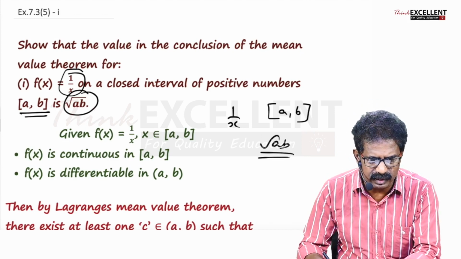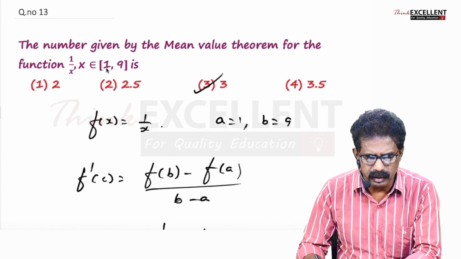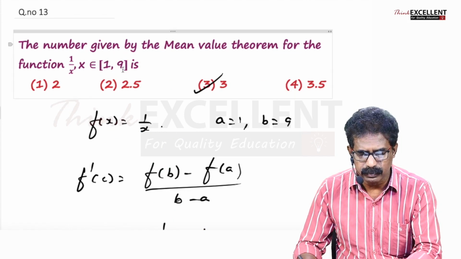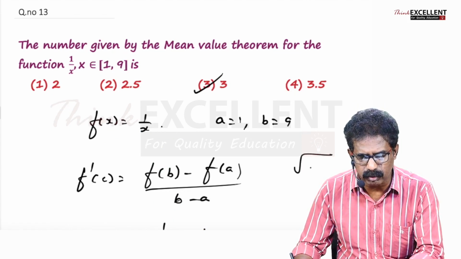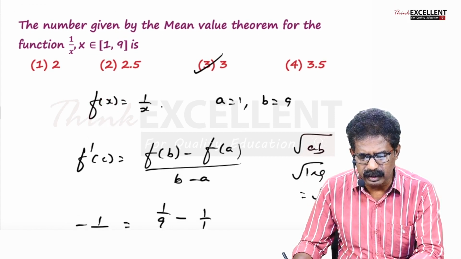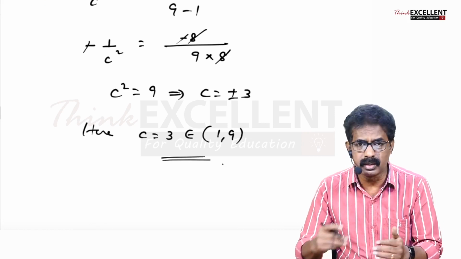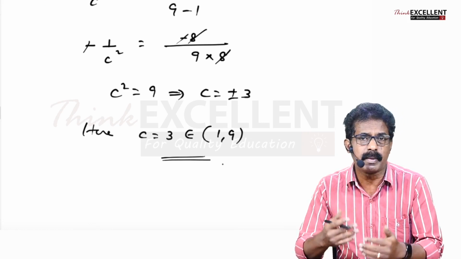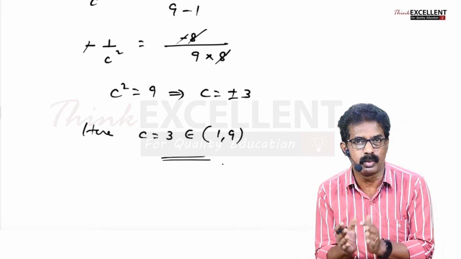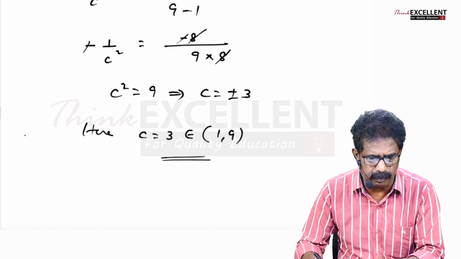Because here the function is 1 by x only. a, b is 1, 9. So the answer is root of ab, root of 1 into 9. So root 9, it is plus or minus 3. Straight away you are getting the answer. So for the theory questions, wherever possible, try to remember the answer with the question, so that sometimes objective questions will be easy for you if you apply the result directly.